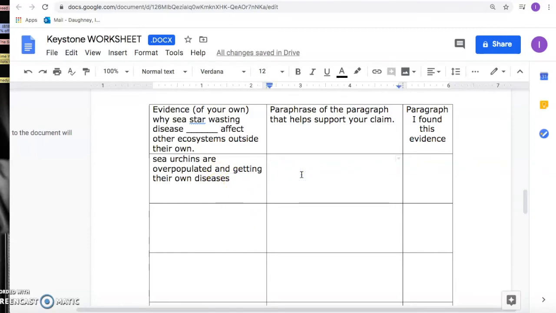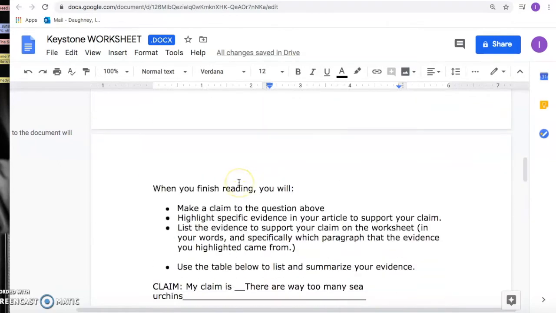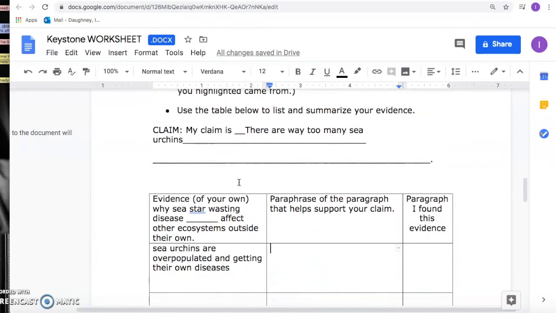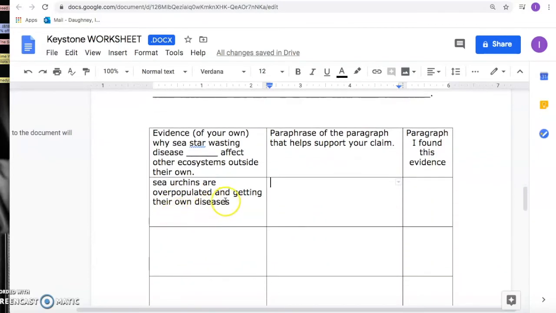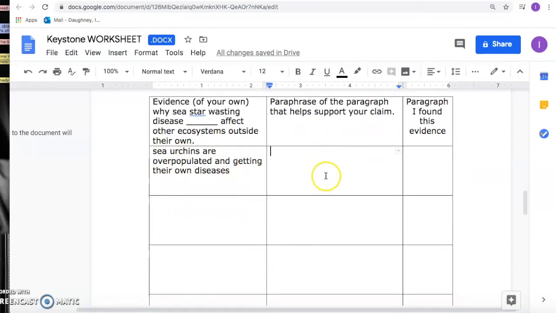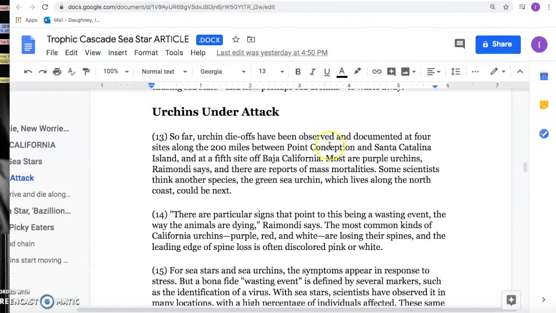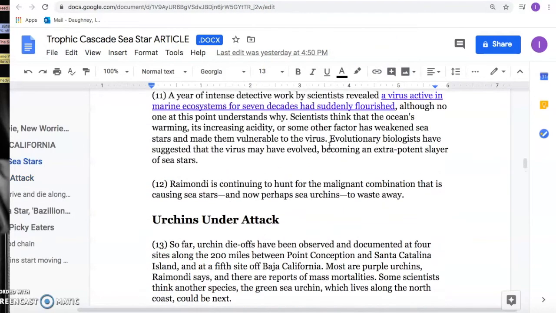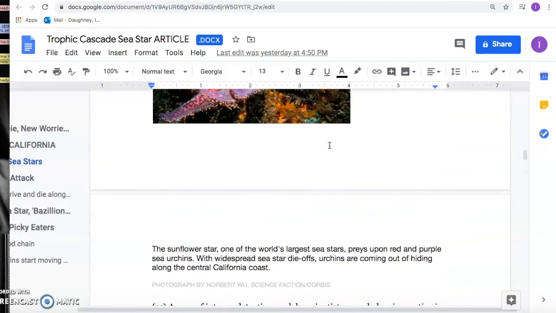Because there's too many of one thing in one area, too much bacteria, too much opportunity for a virus to take hold, okay? So if your claim is that there are too many sea urchins, and you think sea urchins are overpopulated and getting their own diseases, then you want to go back to the article and tell me how you know that.